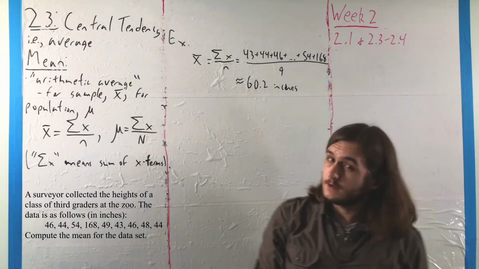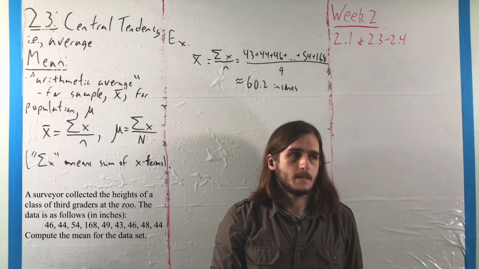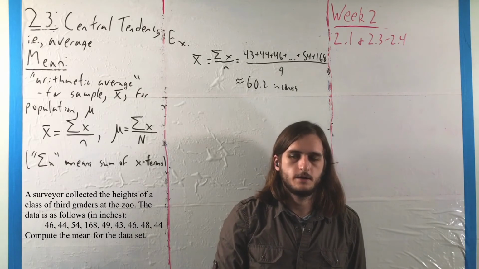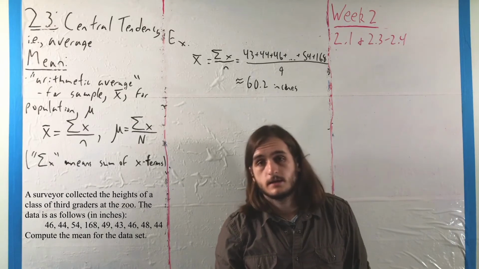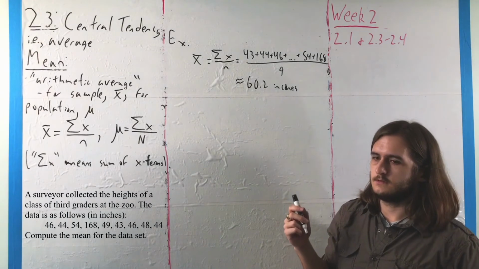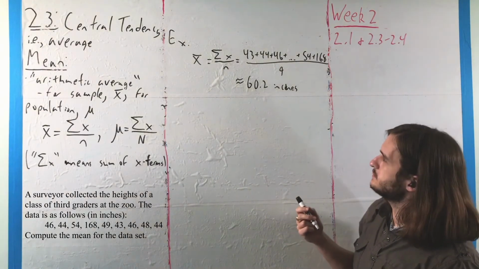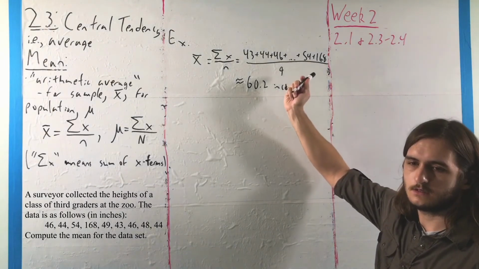Now, it's been a while since I was in third grade. It's probably been a while since any of you were in third grade. But I don't remember that many third graders who were 5 feet tall. In fact, there's something a bit off with this data set. Hopefully you've been thinking, 168?